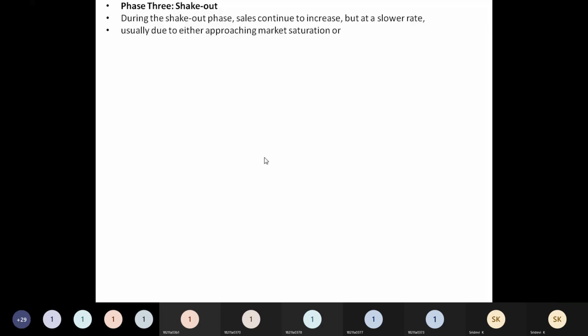So sales will be continuously increasing. But the percentage of increase in sales will be less than at the growth stage. This difference will be there between the shakeout stage and the growth stage.